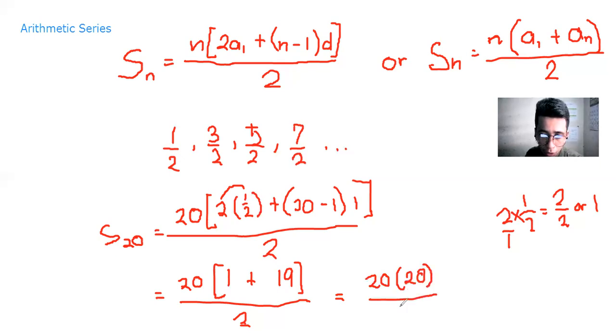What is 20 times 20 over 2? 20 times 20 is 400. 400 divided by 2 is 200. So our answer here is 200. Okay.